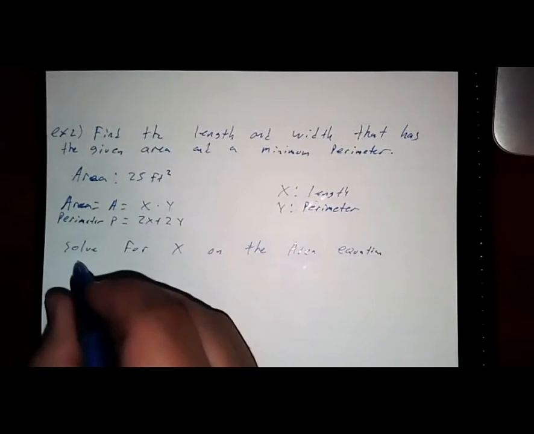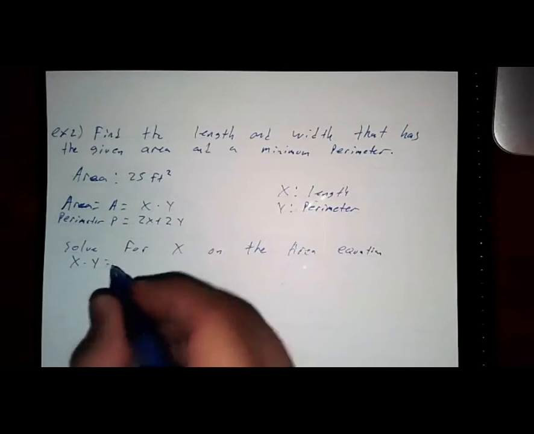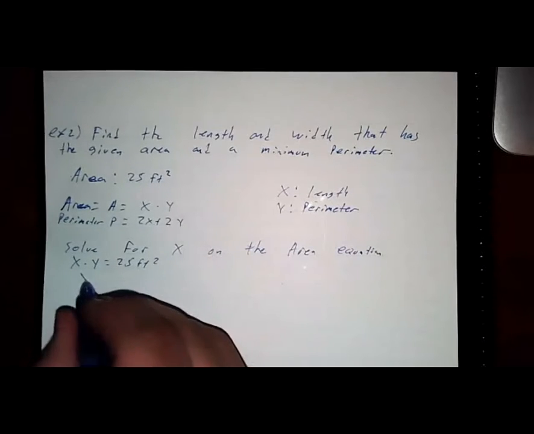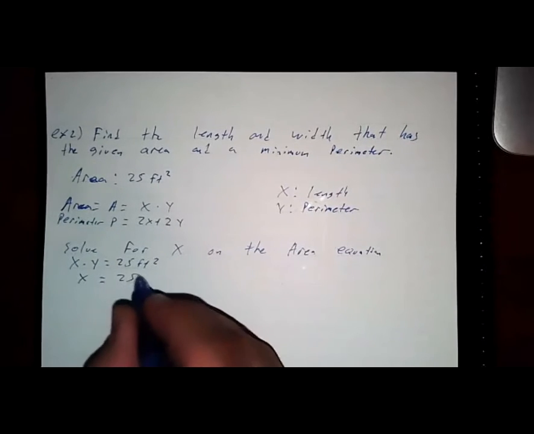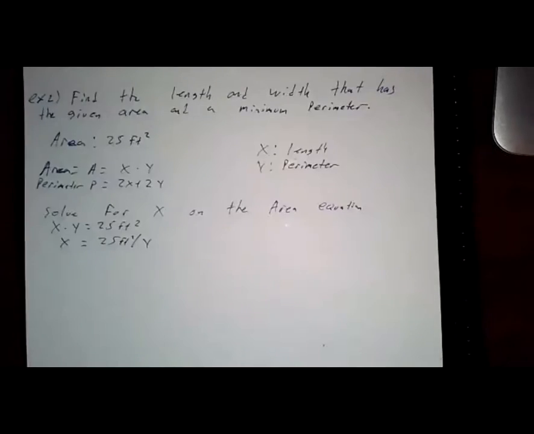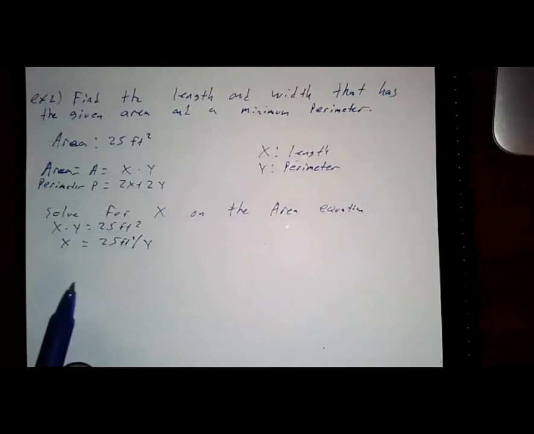So that would give us x times y equal to 25 feet squared, right? So solve for x, that would be equal to 25 feet squared divided by y, right?